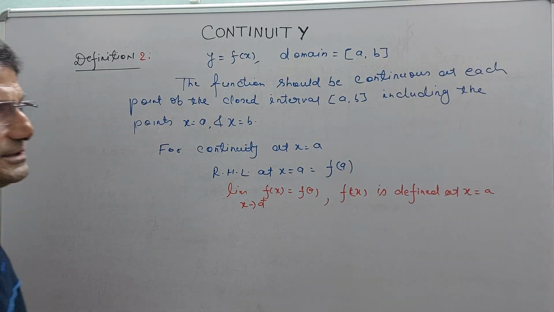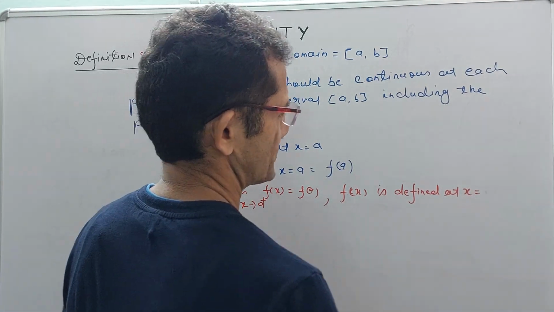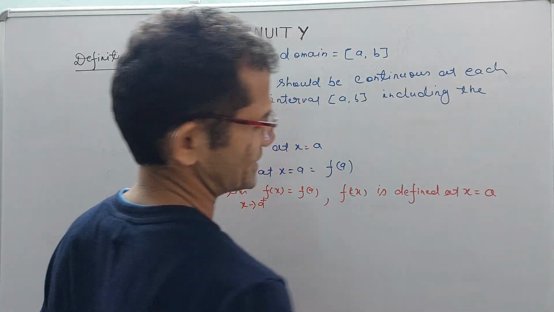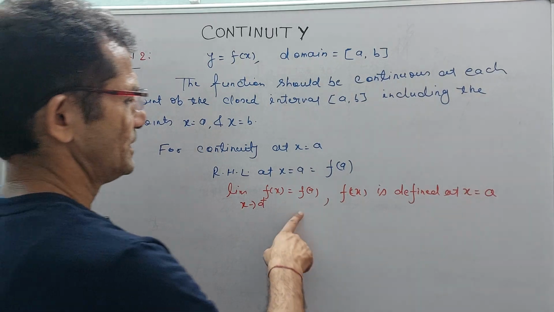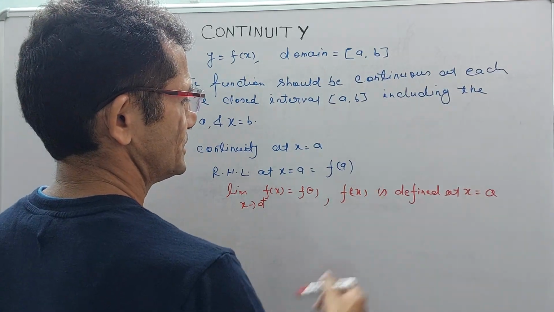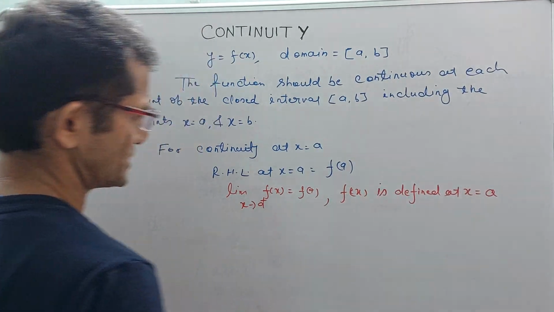Defined means the value should be other than plus or minus infinite. So what should the value be? It should be a real number. Infinite is not a real number.